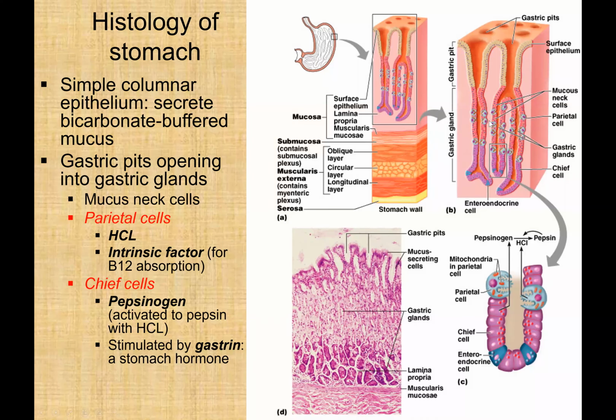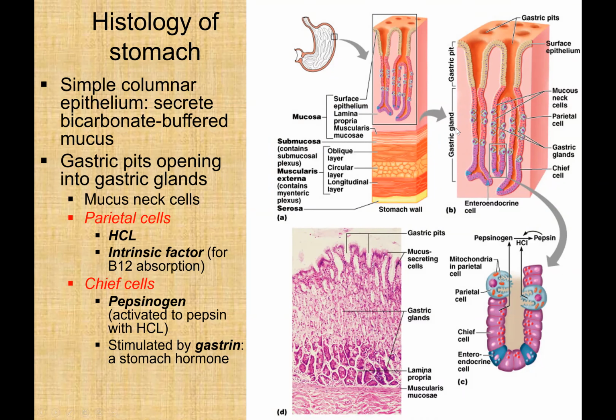The only thing I'm going to mention is, because it is digestion, I'll mention some of the cells. The mucosa is thrown into folds known as the rugae, and within the rugae we have the gastric pit. It has the surface epithelial cells, and in the neck region we have the mucous neck cells. We also have specialized cells, the parietal cells and the chief cells.